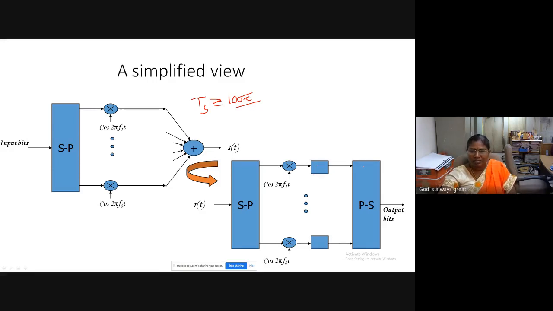You get your first symbol. Second one, correlate with cos of 2 pi f2t, integrate it for one symbol duration, you get your second symbol. Like that, all the 8 symbols you will get. After getting your 8 symbols, convert it to serial and give the output.